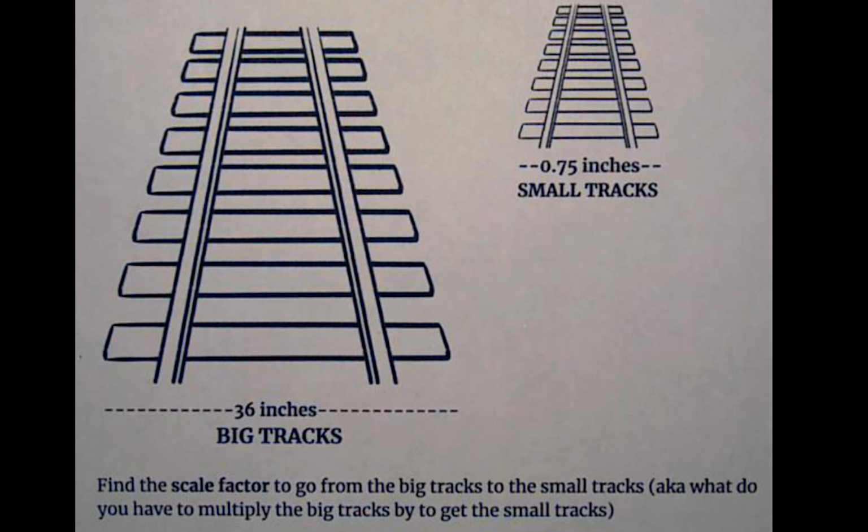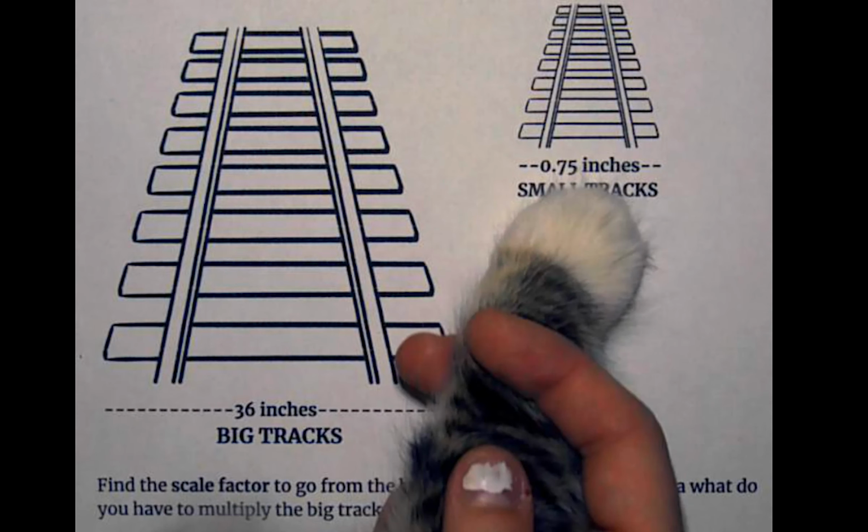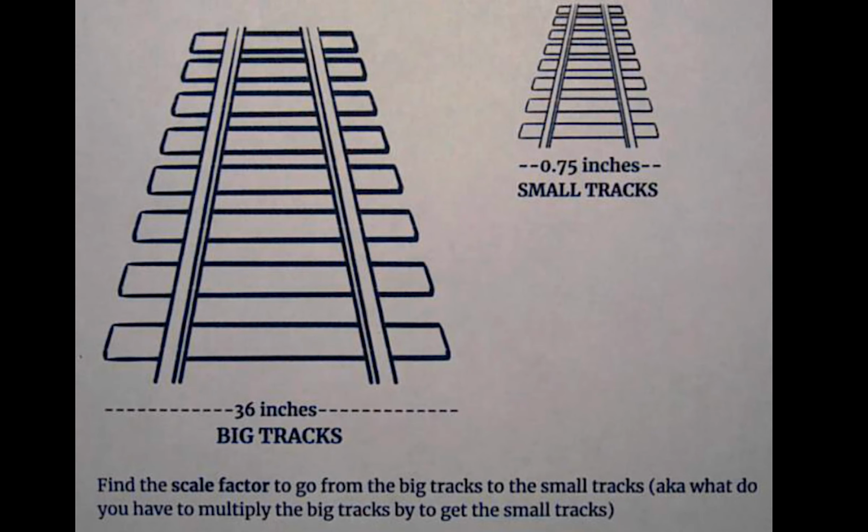Okay, so now we have our sketch in front of us, and we see that the big tracks are 36 inches, and the small tracks are over here at 0.75 inches. So in order to find the scale factor, we have to go from the big tracks here to the small tracks. We have to figure out what to multiply 36 by in order to get 0.75.